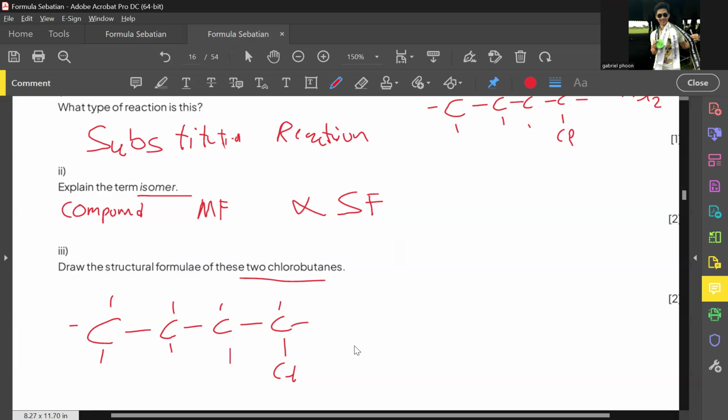Once again, it's the same thing, my friend. Very good. You know why this one was failing, right? Because this C is still connected to the C and this Cl is still connected to the C. It doesn't matter if it's Cl or Cl, it's still connected to the C, so they're the same thing.